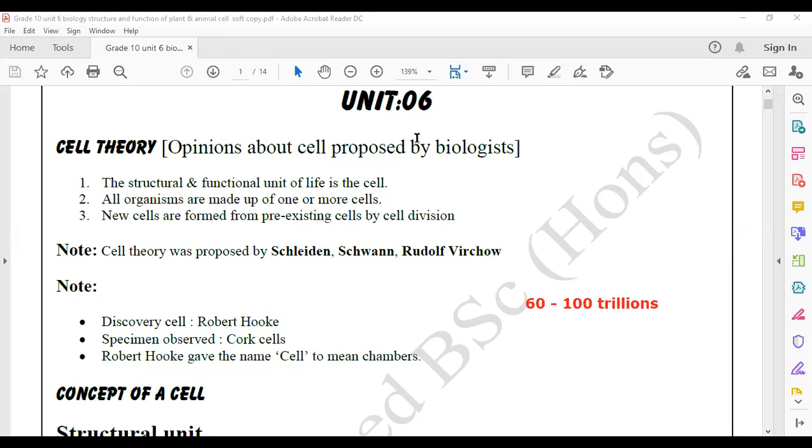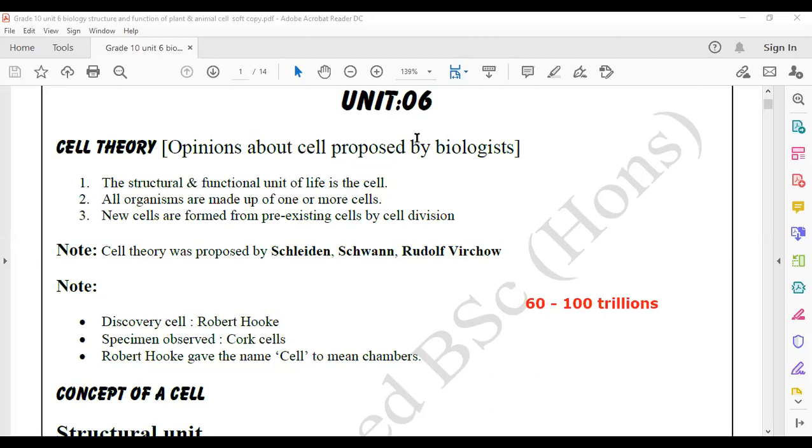For everything, there is a start. Without that one cell, can other cells come into the world? At least one cell should be there. Then one cell divides into two, two divide again, and again, and again.